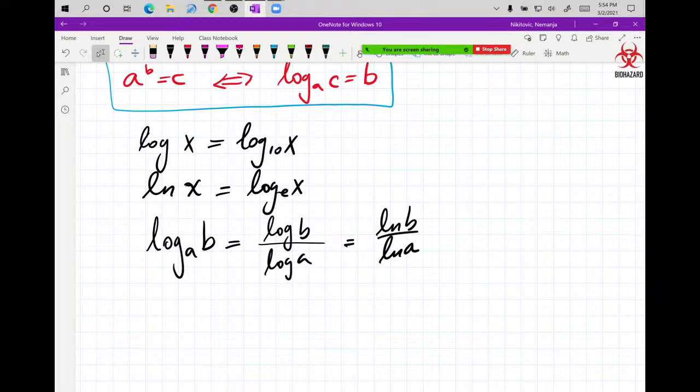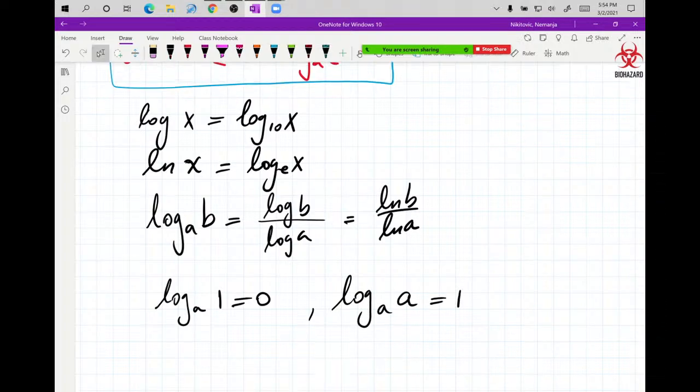Finally, we have those simple rules, where the log of any base of 1 is always equal to 0. Log of any base of the same number is equal to 1.